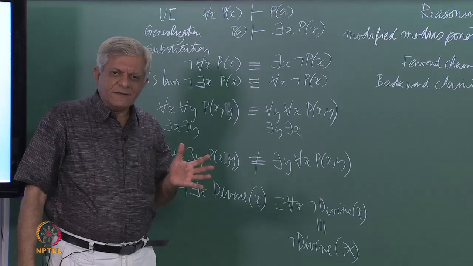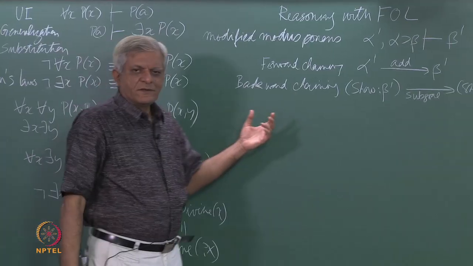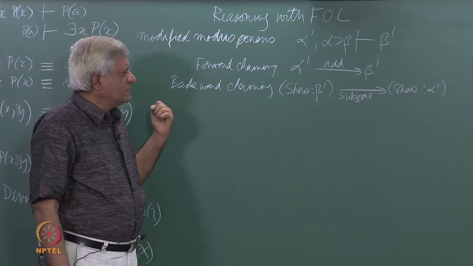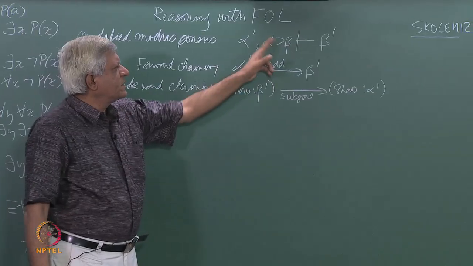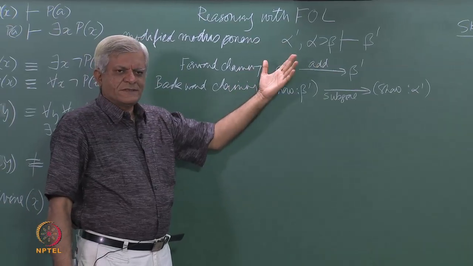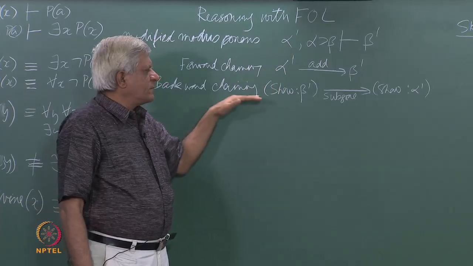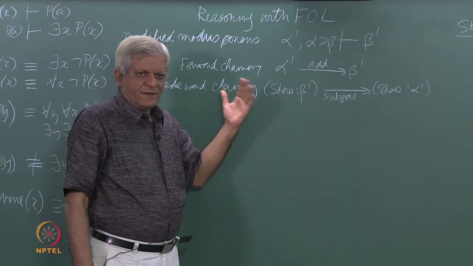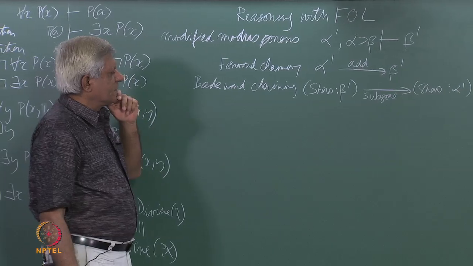So, backward chaining, we just started looking at it in the last class. It works with goals. By goals we mean something that we want to show to be true, a formula that we want to show to be true, and looks for implications of this kind, alpha implies beta. So, basically it is using modus ponens in a slightly different form, or if you think a little bit about this, you can see that what backward chaining is doing is this kind of modus tollens. Maybe that will become clearer as we move forward. That is a different rule of inference.